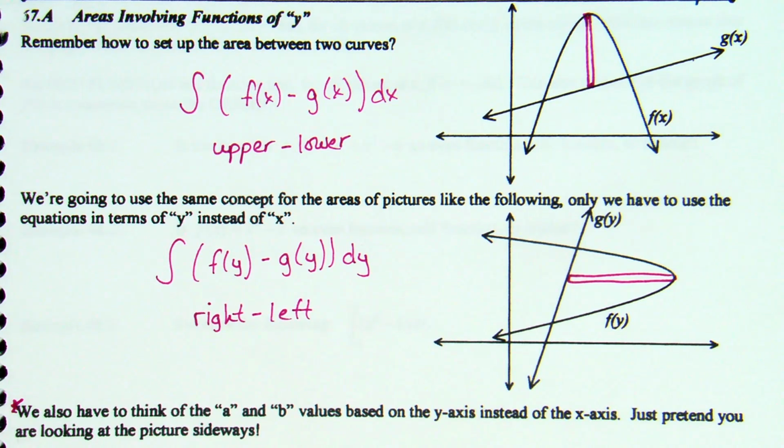Notice it says, just pretend you're looking at the picture sideways. Would the a to b values be opposite? If you flip it dead sideways, wouldn't you be going from the upper to the lower, and wouldn't that be wrong? I'm not 100% understanding what you're asking.